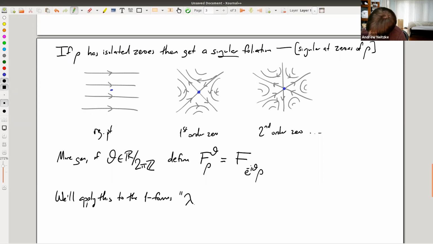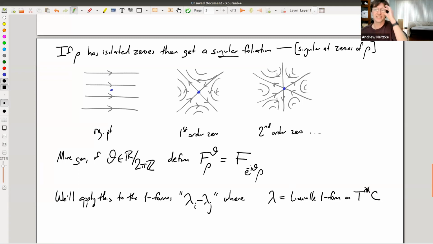Say, I'll write them lambda i minus lambda j. Let's introduce lambda, the standard Liouville one form on the cotangent bundle to C. We'll actually never use it on the whole cotangent bundle. We just want its restriction to sigma. So we have the spectral curve, and the spectral curve has this totally canonical one form on it, the Liouville one form.